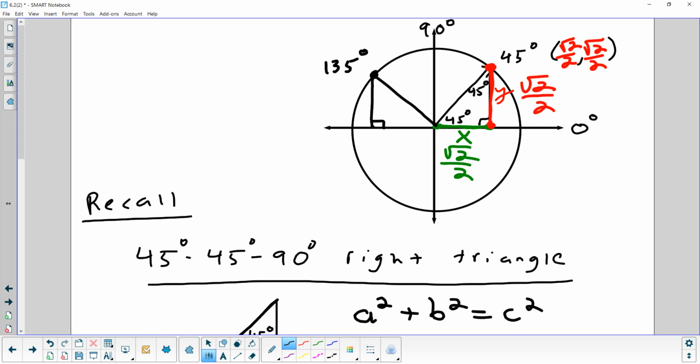No. So both of these are still square root 2 over 2, square root 2 over 2. But what's going to be different about the coordinate for 135? The x is going to be negative, because 135 is in quadrant 2.